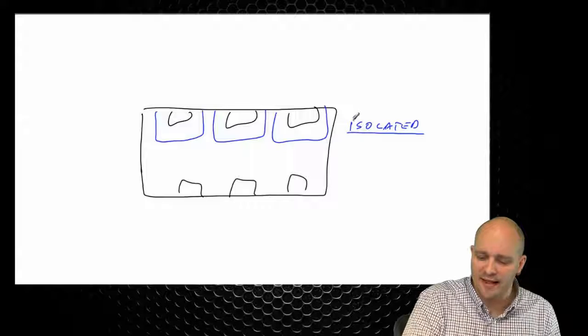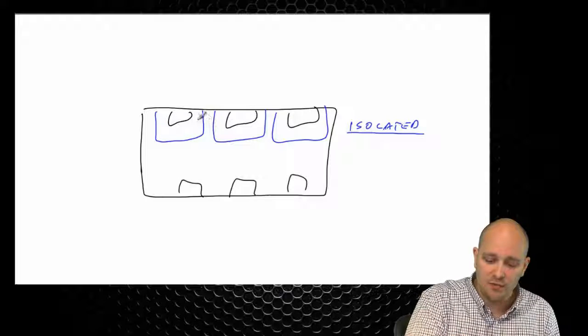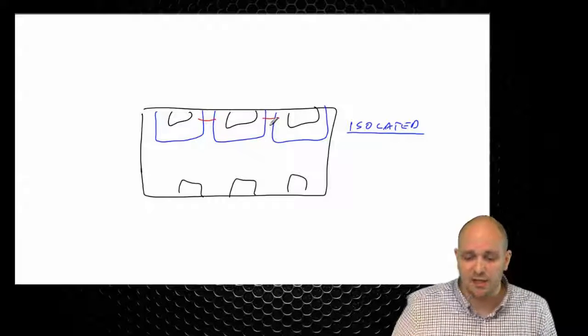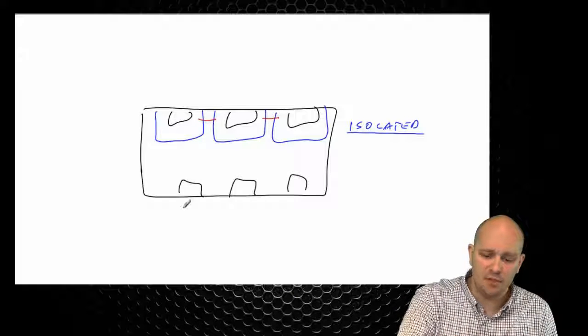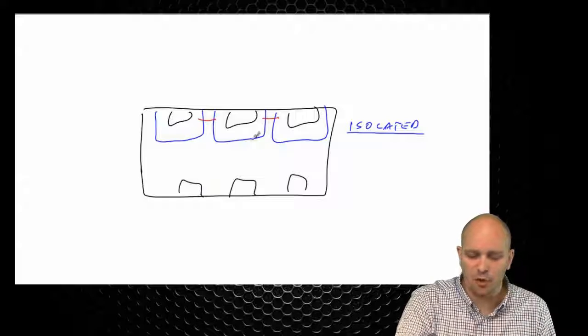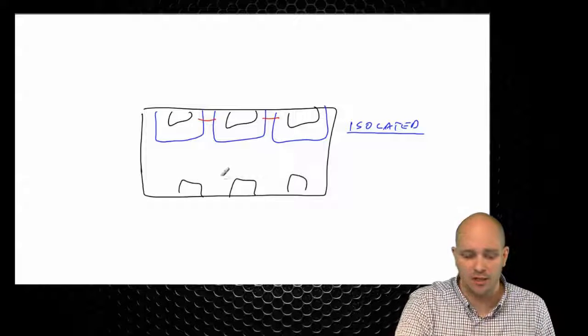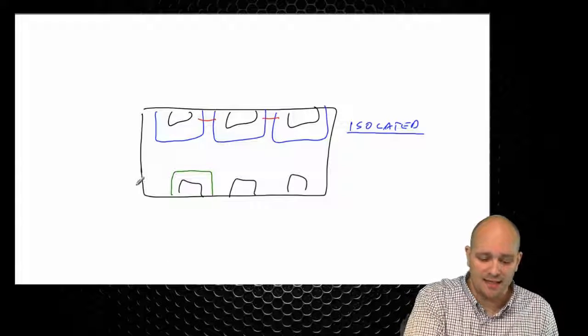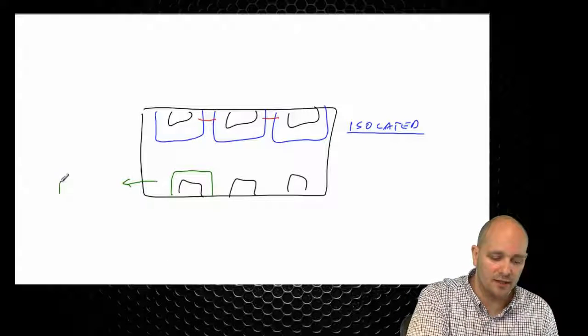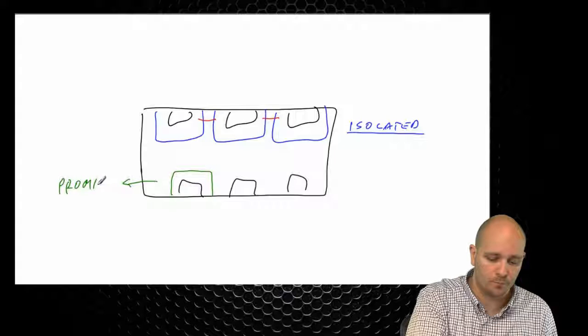So when we create an isolated VLAN, the communication between these isolated ports here will not be allowed. But these ports here, if we leave them to be just normal ports, we will still not allow any communication here. So let's designate this one port here as a special port. We're going to call it the promiscuous port.